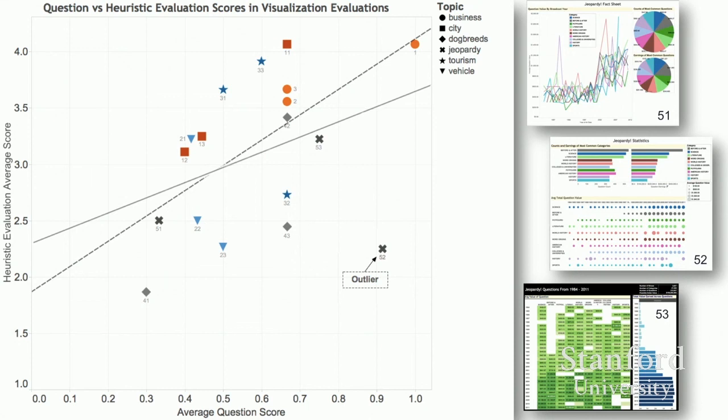So these are the 3 Jeopardy visualizations, and here is where they fall in the chart. What's really interesting here is you can look at where they fall with the question score and where they fall with the heuristic evaluation score. And this is the one where we had the big outlier, and this was 52. That's one reason I've been using this example. It's a case where people didn't give it as high of an HE score, but it did well on the questions.